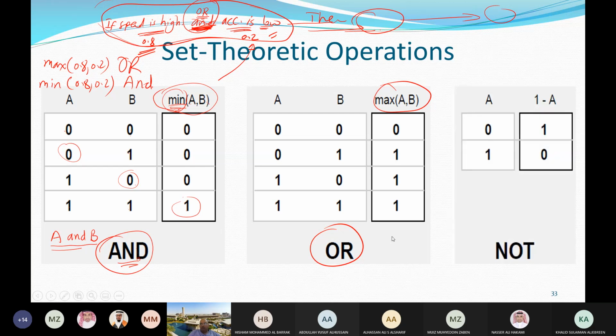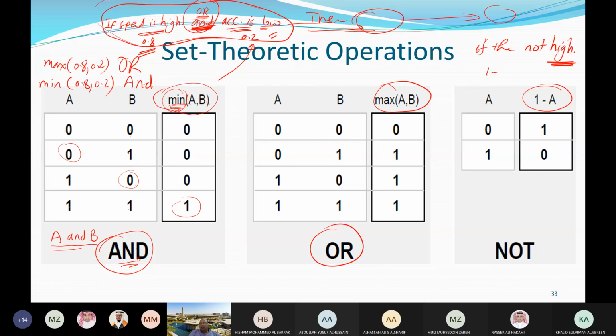Of course, the complement: if A is 0, the complement is 1. If 1 becomes 0, so it is 1 minus A. That means if the rule is just if the speed is not high, you measure the degree of membership for high.